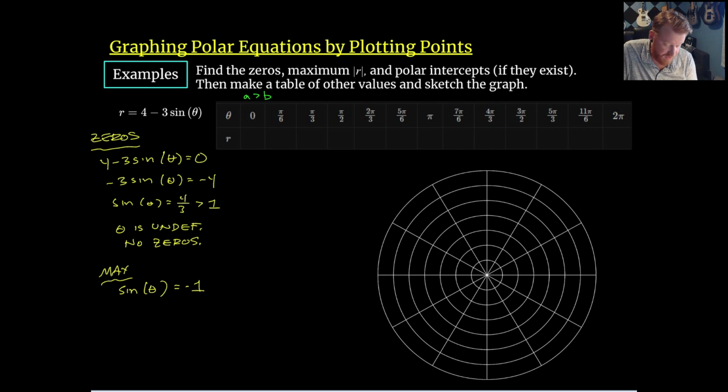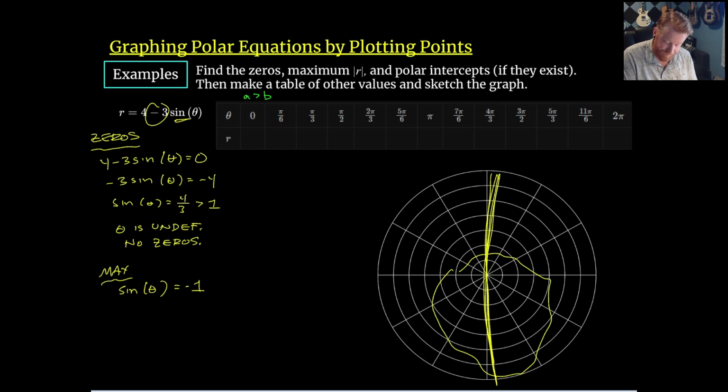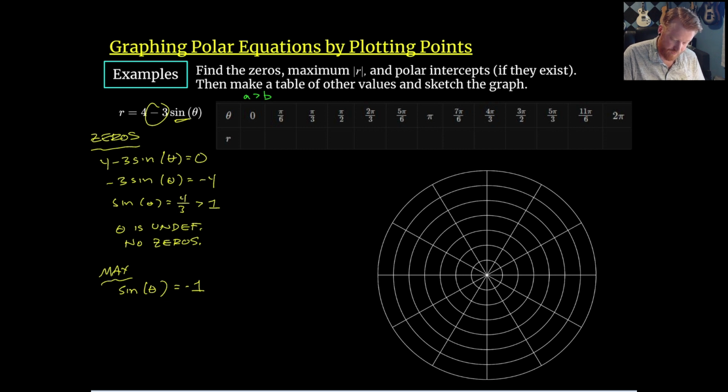Things that we know about the shape of this graph, based on what we saw before: since we have a sine, we'll expect this shape to live on the sine axis, and since we're looking at a negative here, we might expect the maximum value to be down there somewhere. So that's why we're looking for the sine value to be -1. There's some algebra there that you could justify it with as well, or you'll just notice as you do more of these that this is what we want.